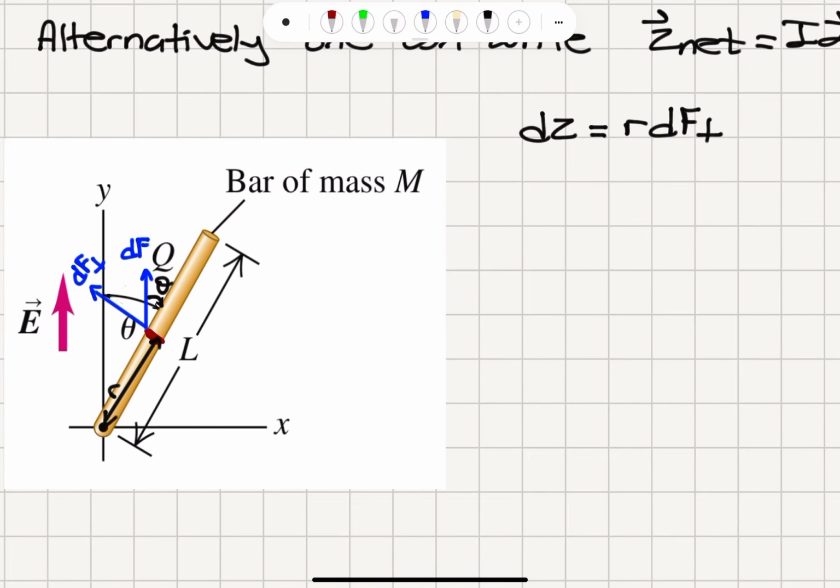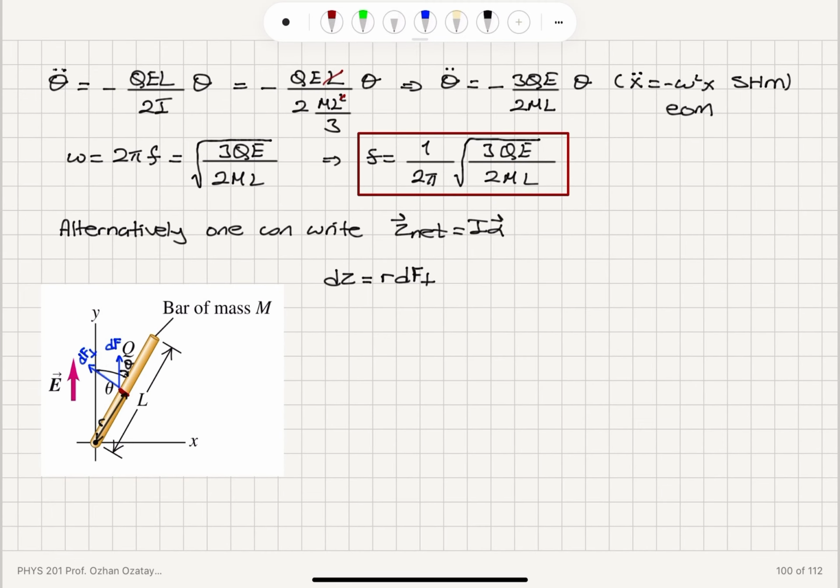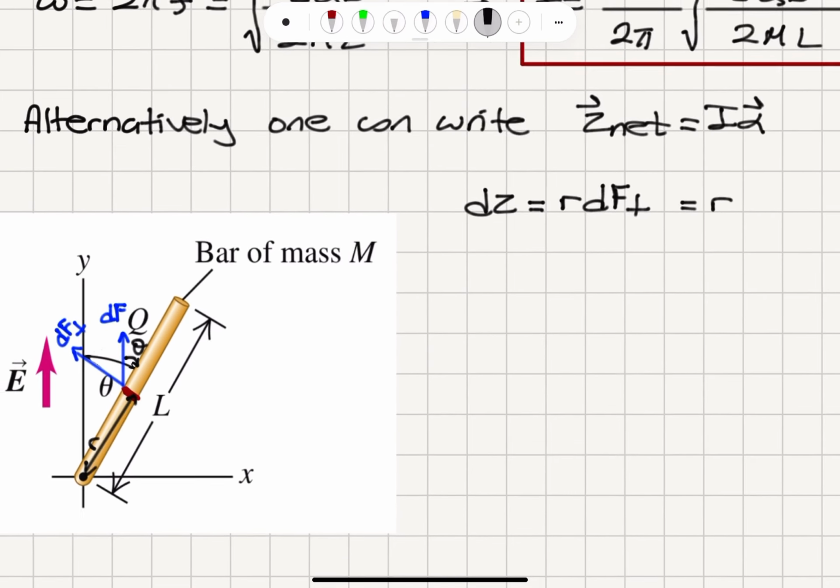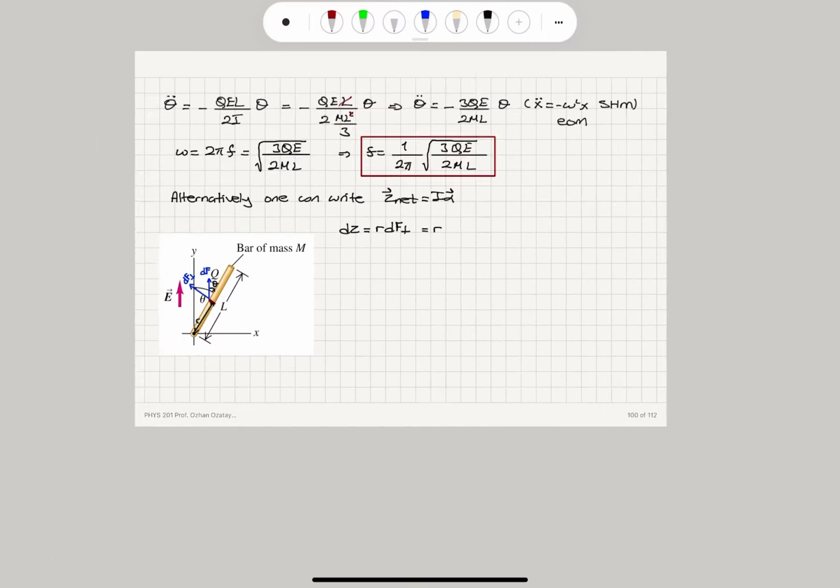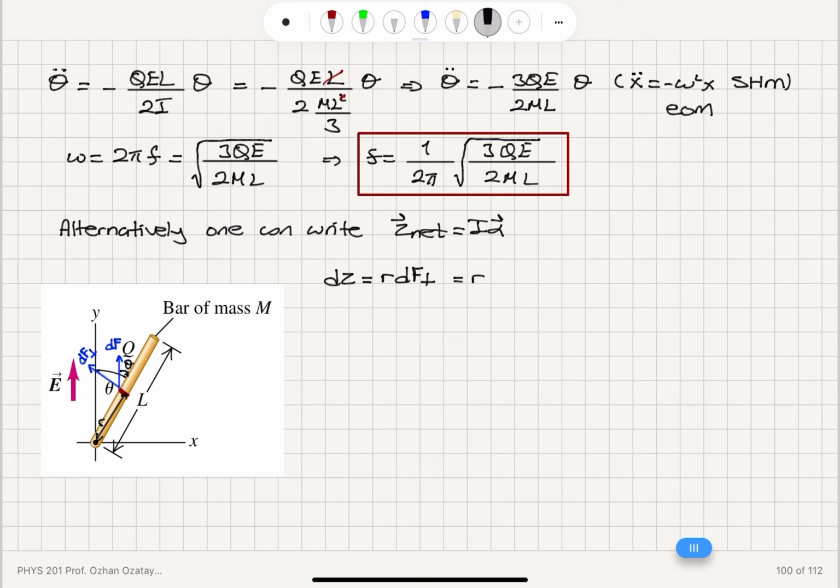Here r is the distance between the location of the infinitesimal element and the pivot point. Because this angle is theta, the perpendicular component of this force will be dF sine theta. So it is going to be r dF sine theta.